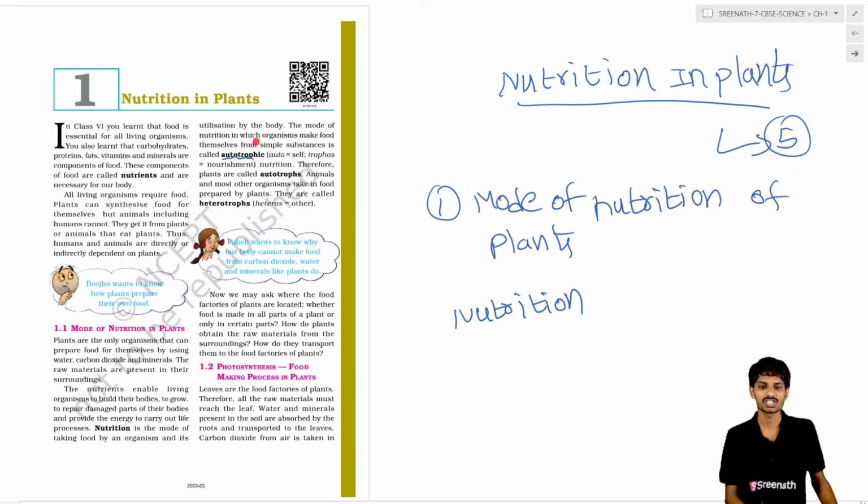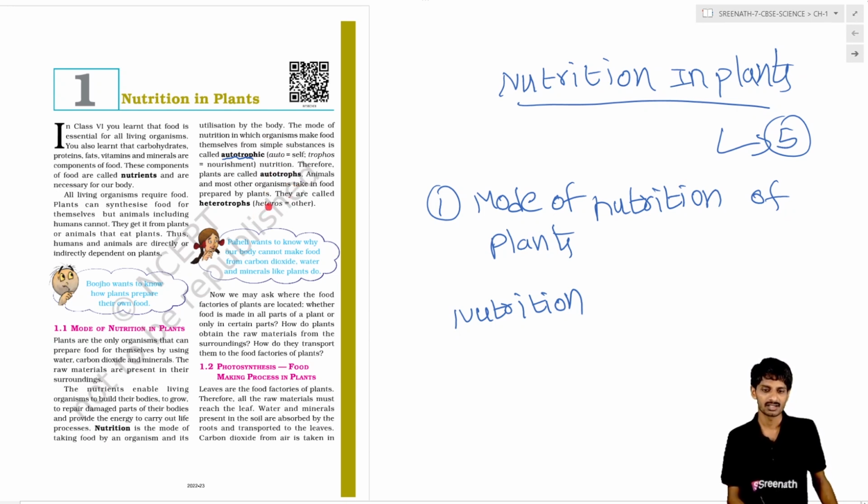The mode of nutrition in which organisms make food themselves from simple substances is called autotrophic nutrition.